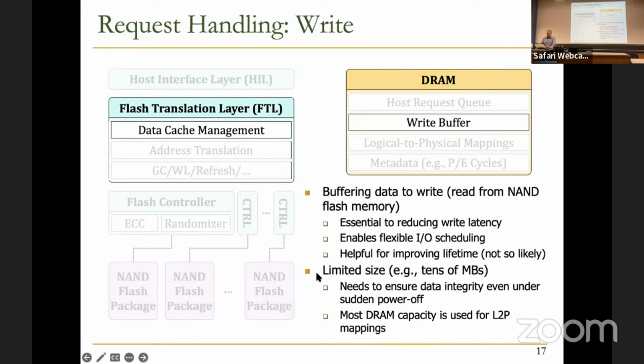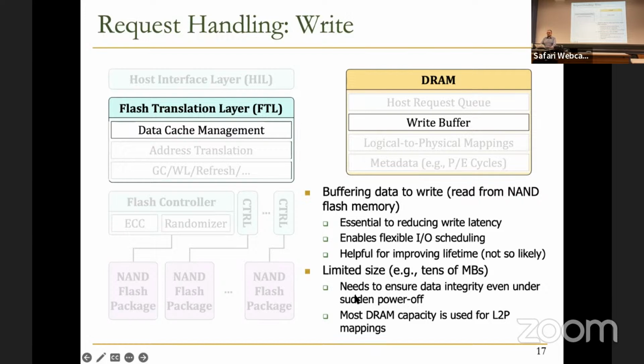And because of that, you cannot have a big DRAM buffer, because for a bigger DRAM buffer you basically need larger capacitors. And those capacitors are costly in terms of area, in terms of power, and in many other ways. So that's why people are trying to keep this write buffer as small as possible. But that being said, there are also some works that try to build the write buffer with other technologies that are non-volatile.